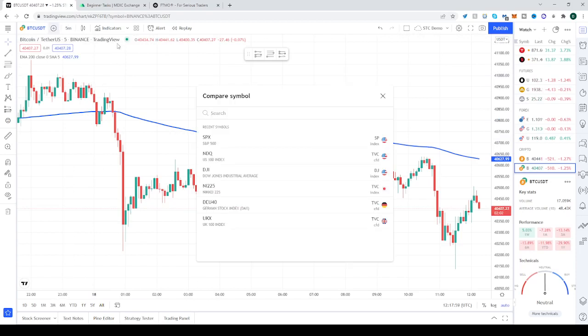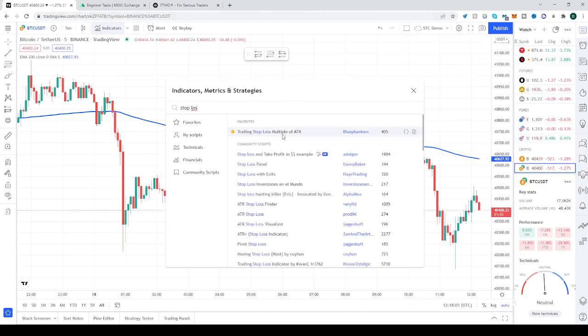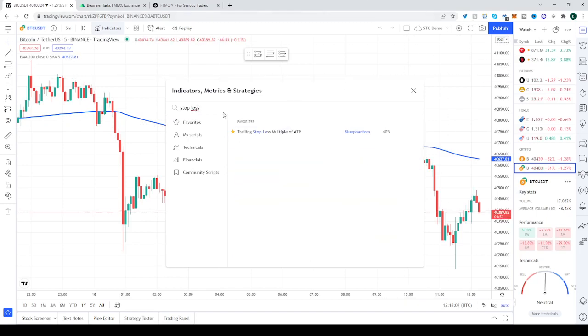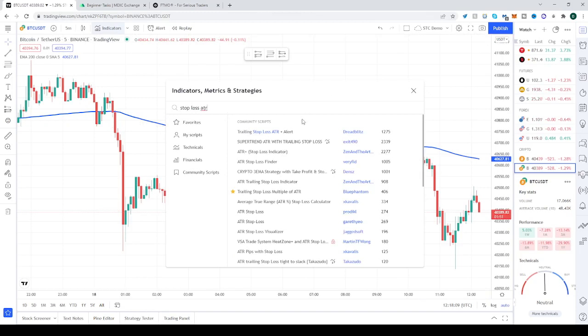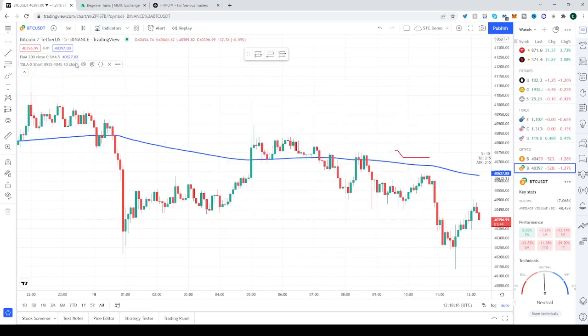Okay. So maybe a stop loss from ATR. Let's see. What about this one? No, I don't like this one.